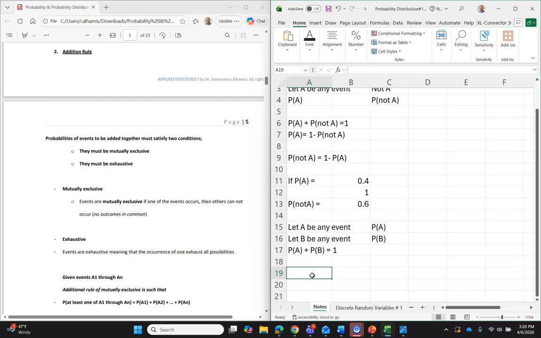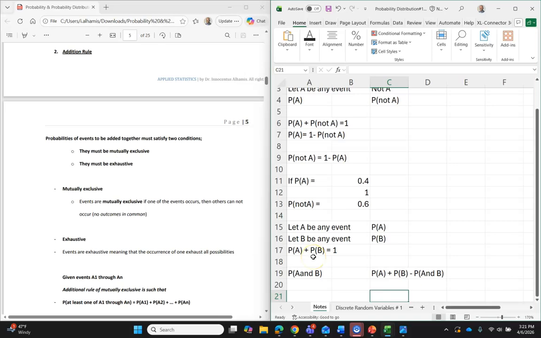We can write joint probability as probability of A and B. So to add our probabilities when we have elements that are common in A and B, this is how we should add the two probabilities: probability of A plus probability of B, and now we minus what we have in common, that is probability of A and B. We have to remove what is common in A and B.